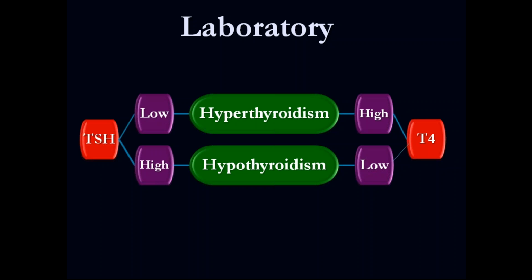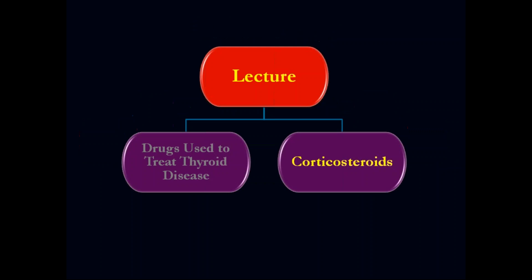Primary hypo or hyperthyroidism means that the problem is the thyroid gland. Secondary hypo or hyperthyroidism, the problem is the pituitary gland. And tertiary is going to be the hypothalamus.